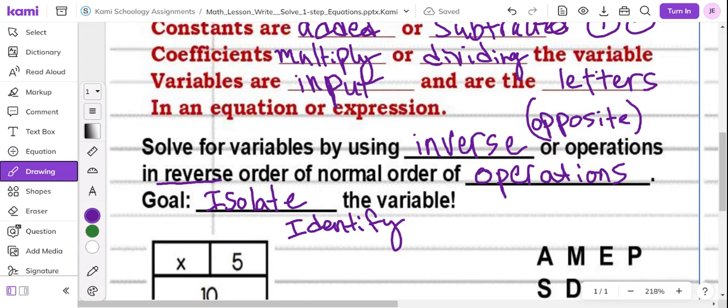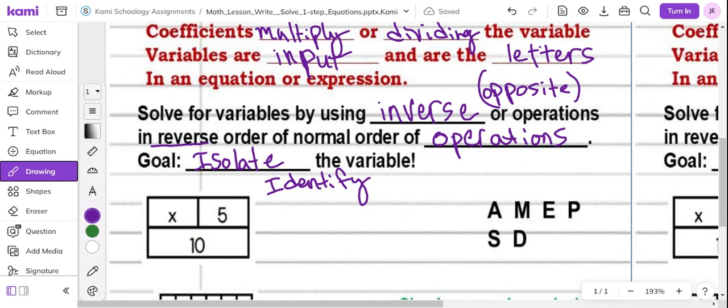So the normal order of operations, we are going to do parentheses, exponents, multiply, divide, add, or subtract.